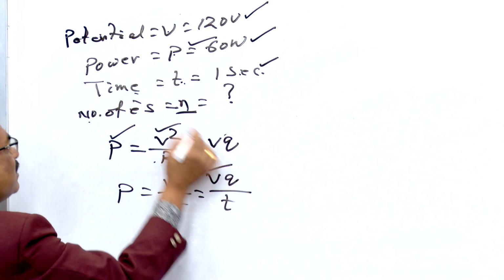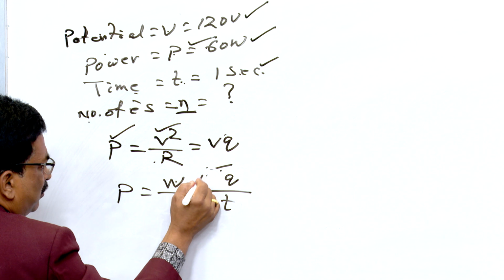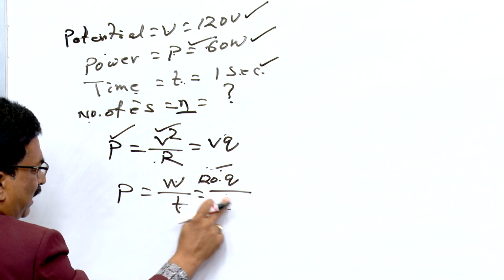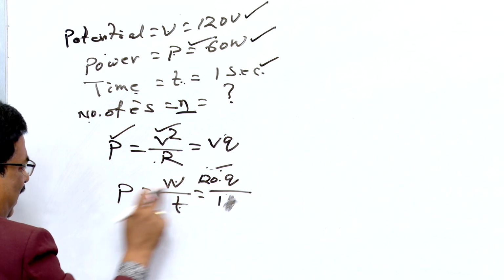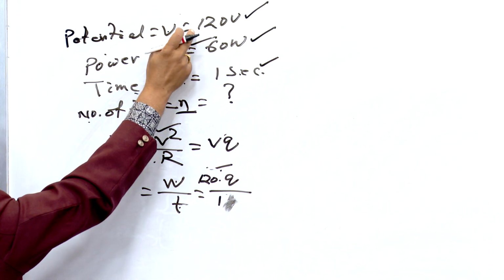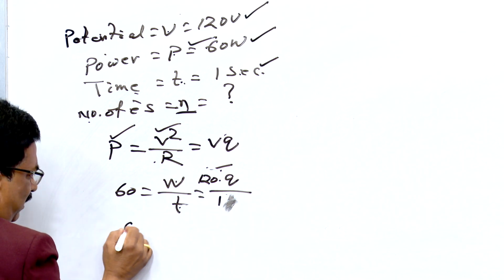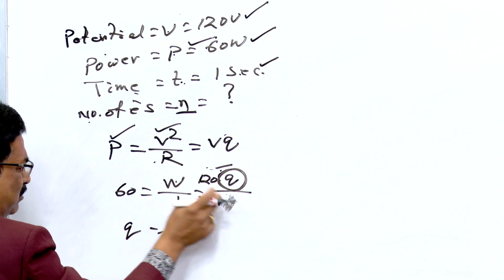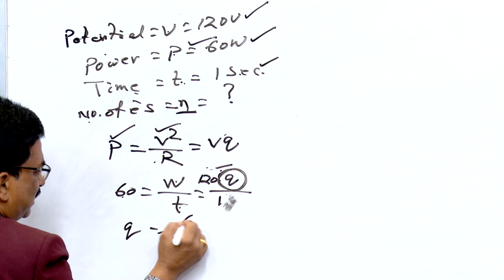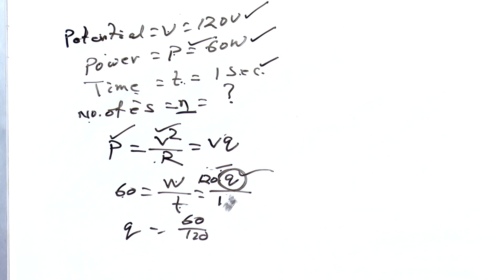If V is supplied, you put the value of V equal to 120. Then the T value is 1 second, and this power P is supplied, that is 60. So Q is the only unknown. Q is equal to 60 by 120. But Q is not our question.